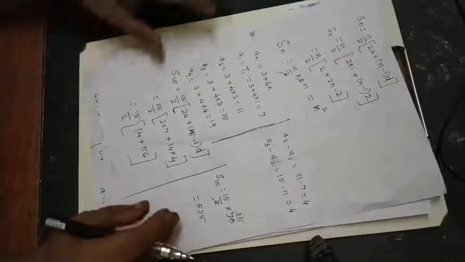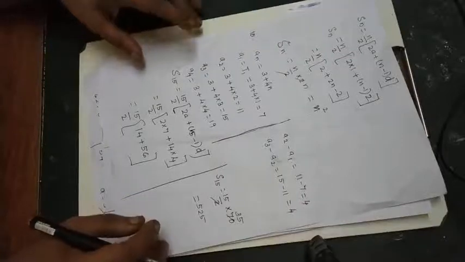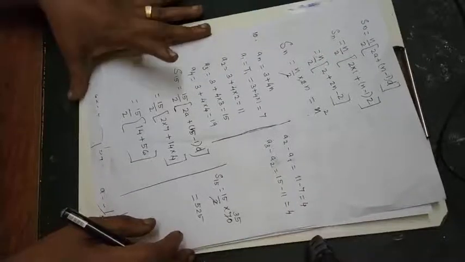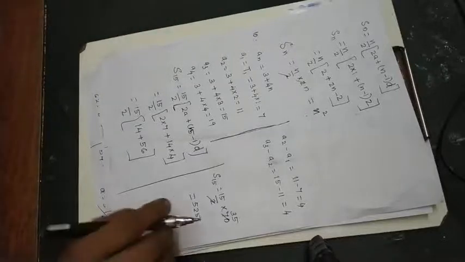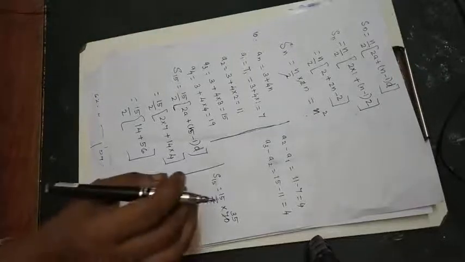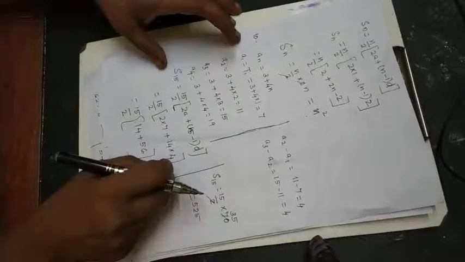Okay, that is the first one. In that one, second question also the same way. Instead of n, put value A1, 2, 3 like that, then you can solve like this.